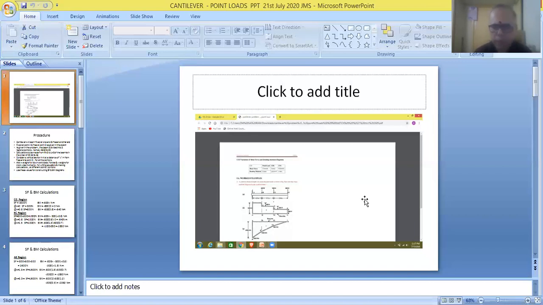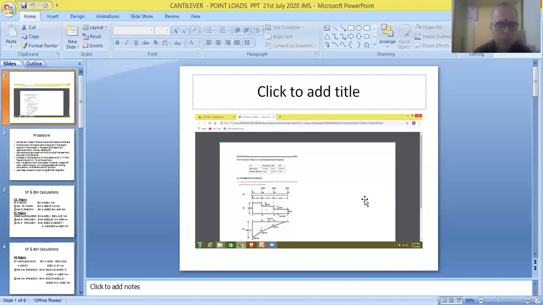So in any problem, construction of these diagrams is very, very essential. Construction of the shear force diagram and the construction of the bending moment diagram.